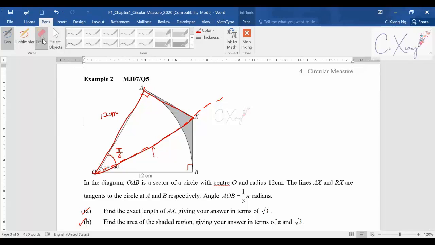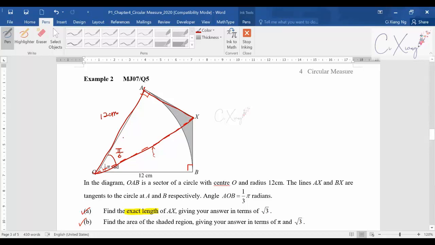Now if they want you to calculate the value for AX, please highlight the word exact. When they tell you that you are having exact length, what does it mean? Exact length means that your final answer shouldn't be in a decimal number. It should be either in surd form or fraction form, or pi or whatever. So how to get the exact value for AX?